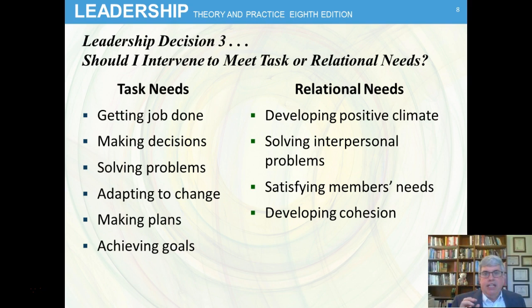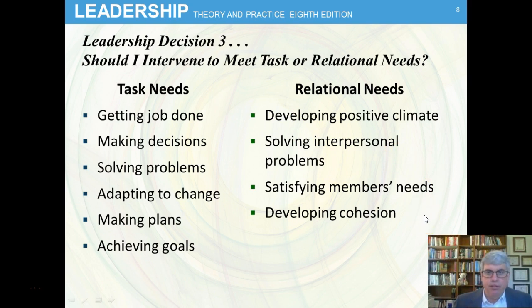But sometimes the intervention doesn't need to focus on what the team's actually trying to do. It needs to be focused on the relationships in between the members of the teams. For example, some relational needs in teams are developing a positive climate of communication and coordination, solving interpersonal problems between individuals so that everybody can cooperate together. Also, each member has separate needs.